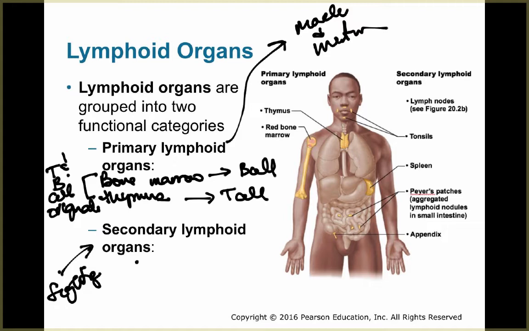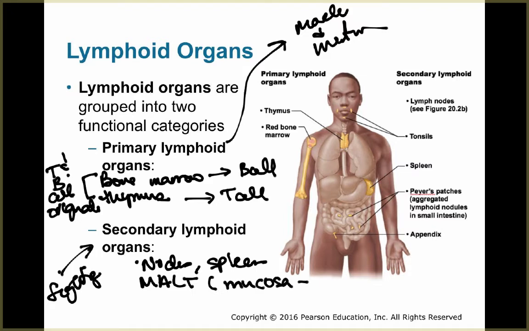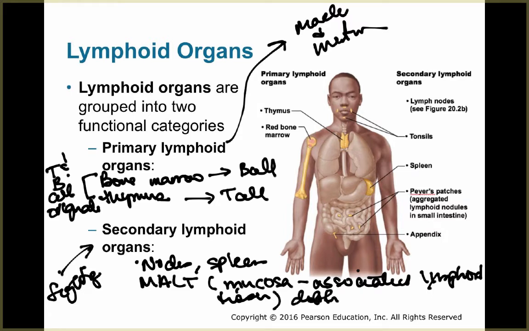So you have here the nodes, the spleen, what we know as MALT, or mucosa-associated lymph node tissue, and diffuse lymph node tissue.